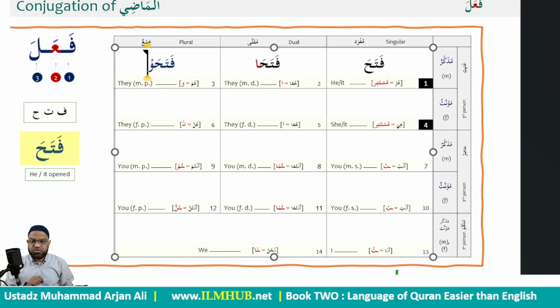So the wow with sukun prefers to have a dhamma in front, so it becomes fatahu. So the only reason why the ha is taking a dhamma instead of fatha is because of the wow.